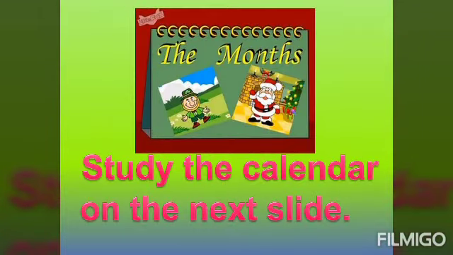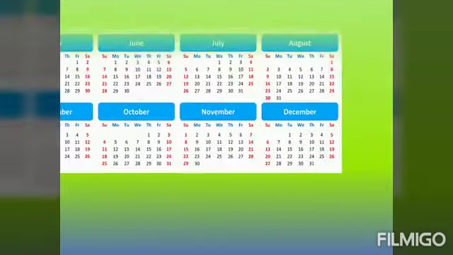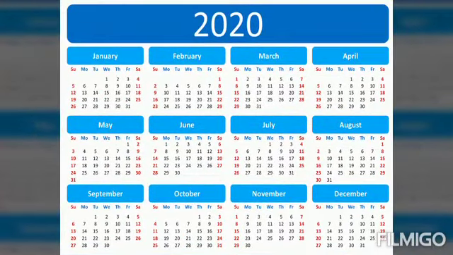So study the calendar on the next slide. This is the example of the 2020 calendar. So we have here first month, January, second, February, next March, April, May, June, July, August, September, October, November, and December.